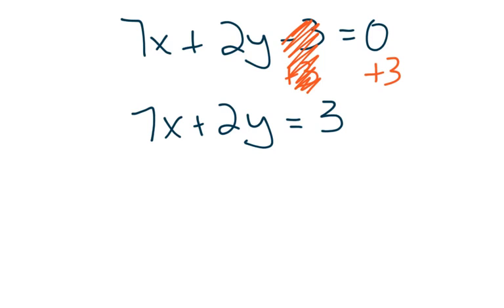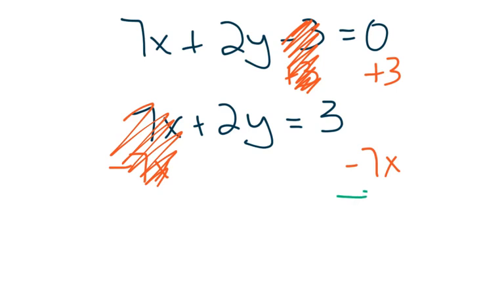And what we're going to do is we're going to get rid of the 7x, and then we're going to get rid of that 2. So how are we going to get rid of that 7x? Well, it's positive because there's nothing written in front of it. So to get rid of adding 7x, we're going to subtract 7x from both sides. Notice that I don't put the 7x underneath the 3.